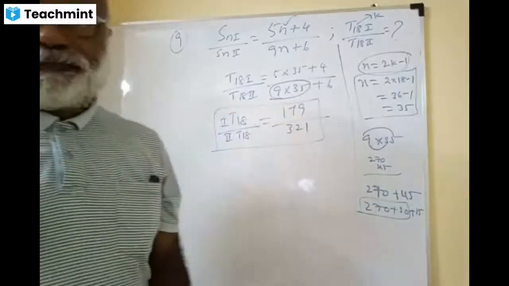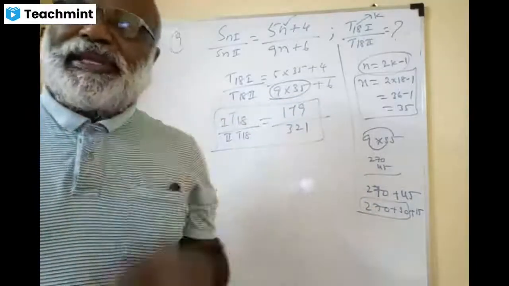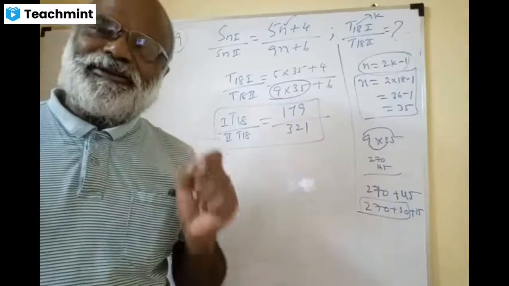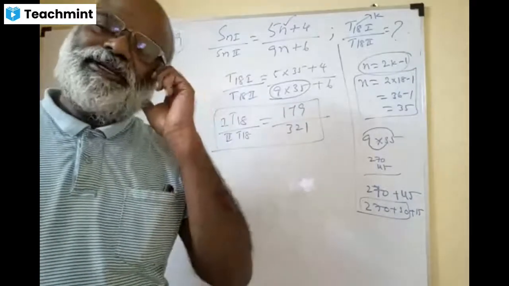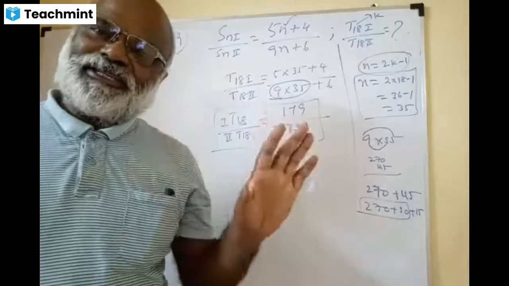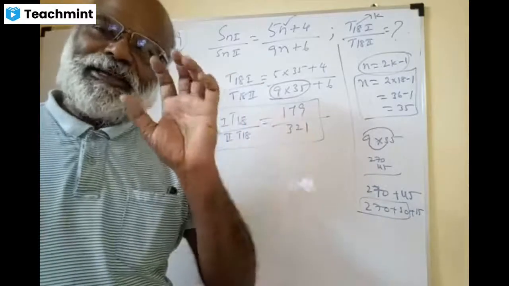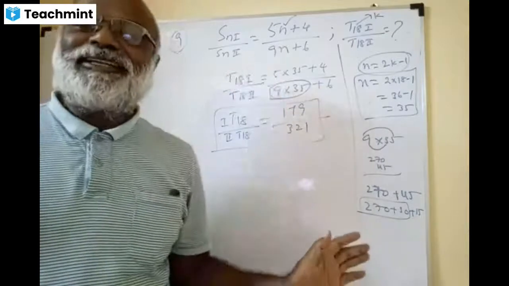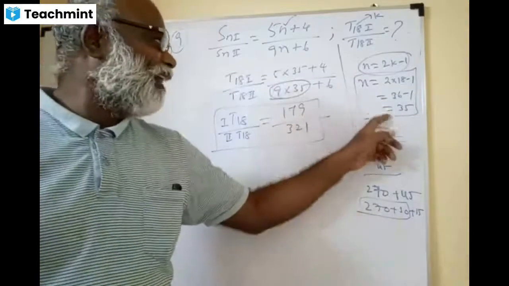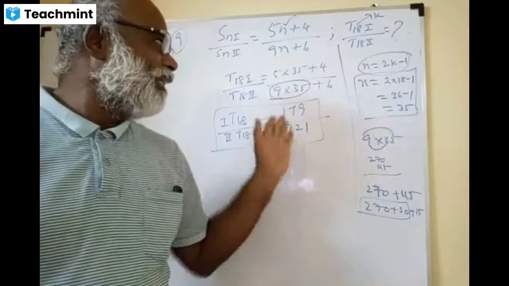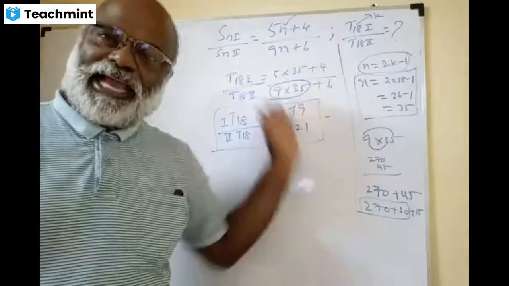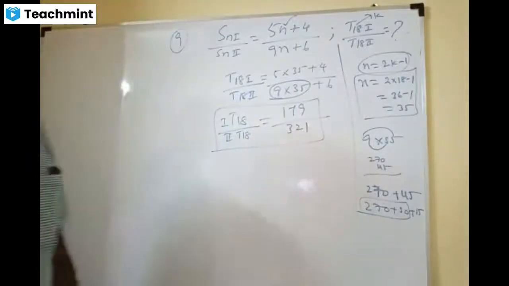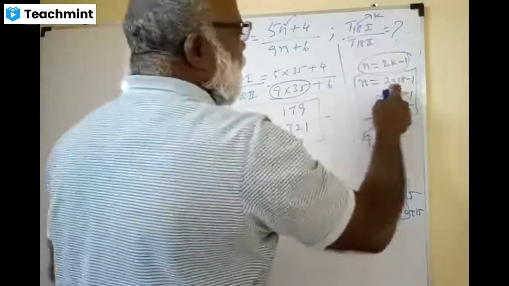All of you agree? This question is going to come in the midterm exam. Please follow the shortcut. You are really blessed here. You don't need to do the full length sum. Now you just put n equal to 35 and get the answer. How simple it is. Doing the full length sum is hell. So for 18, it is 2 into 18 minus 1.